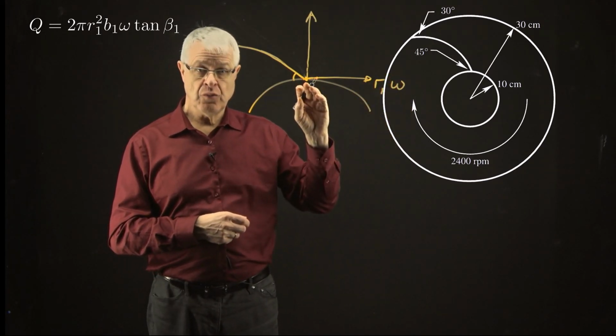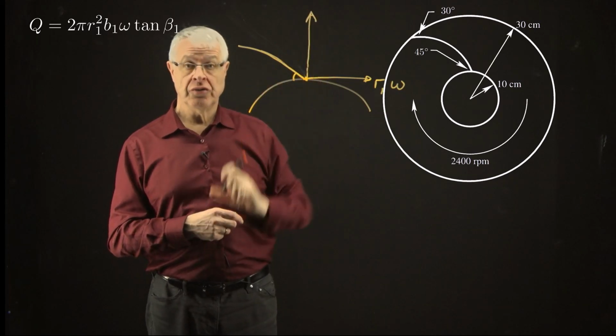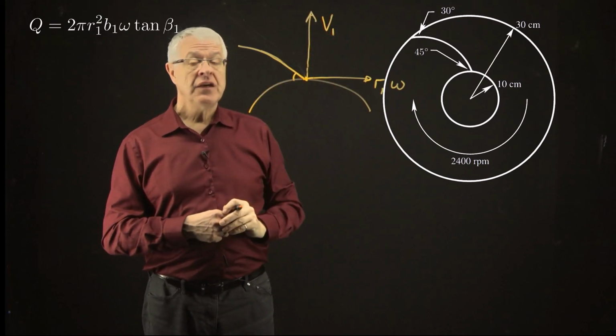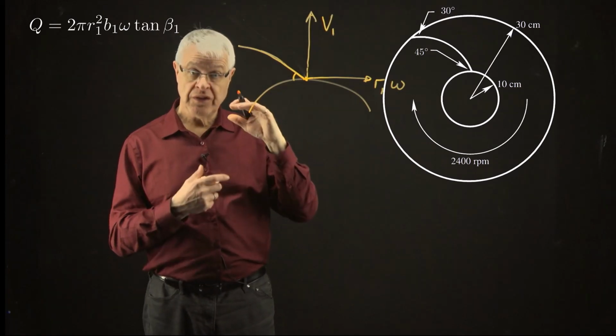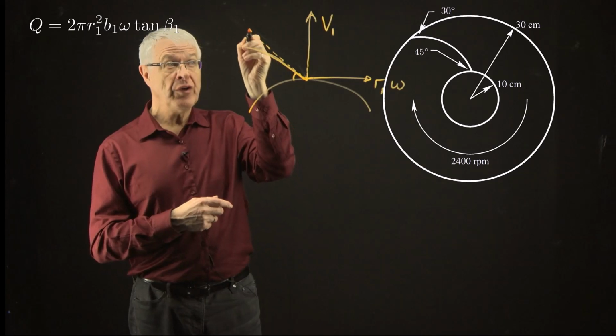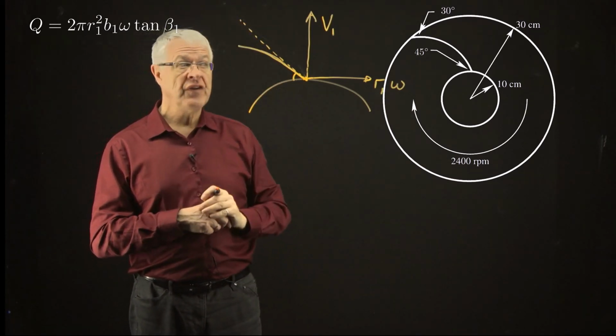The velocity of the water relative to a stationary observer is perpendicular to the circle, so that's in that direction, and that's our V1. And the velocity of the water relative to the impeller blade has to be in the direction of this impeller blade. In other words, tangent to this impeller, which is at 45 degrees.